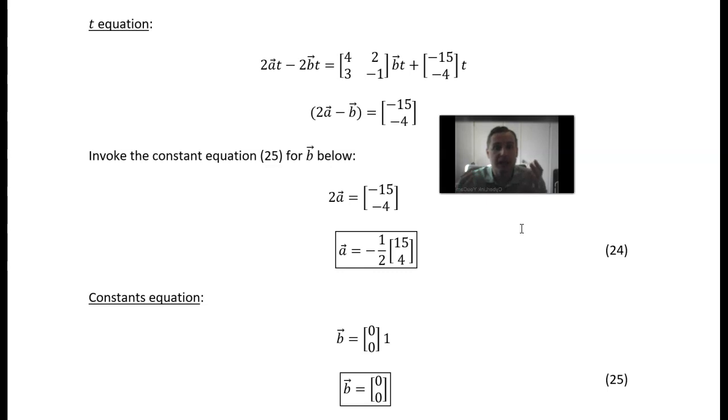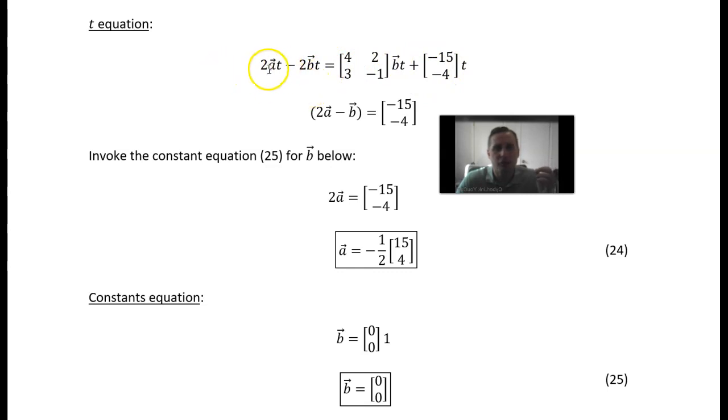Namely, what we get is, for the t equation, 2at minus 2bt, a and b here are vectors, equals matrix A times b vector t, plus this f0, so that was the coefficient on the matrix F, times t. Well, it turns out that we can eliminate the t's across the equation.